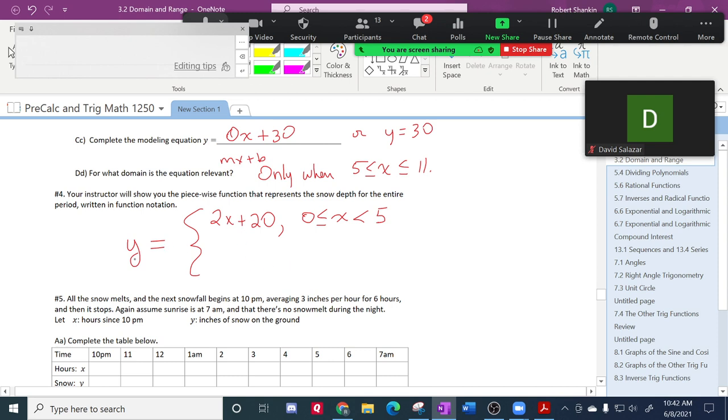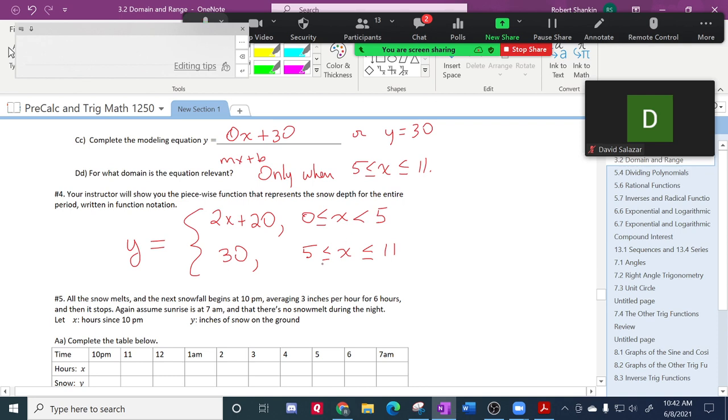The other one is 0x plus 30, which I'll just reduce to 30, and we use that when x is between 5 and 11. And again, if I put the equal sign not here but up here, that would have been okay.